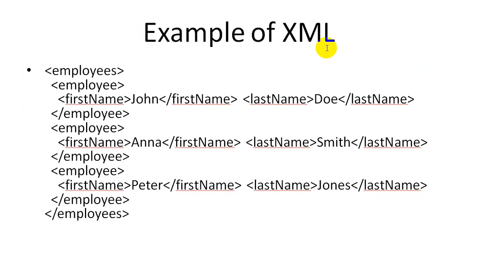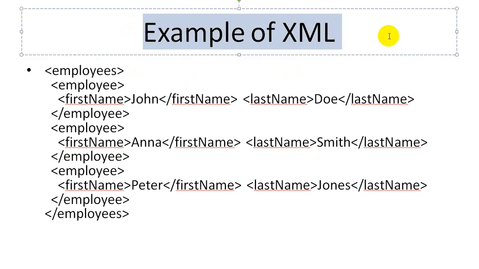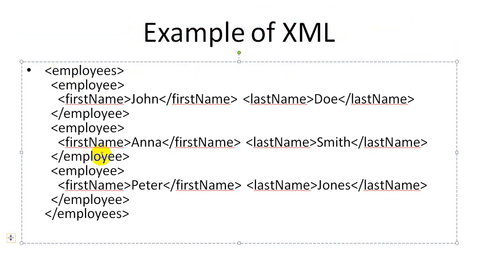This is an example of an XML file. So the same example, as you can see, we have the employees object and then employee, and in between you write the details like first name, key and value, first name John. You open the first name tag and then you close it, and you write John.